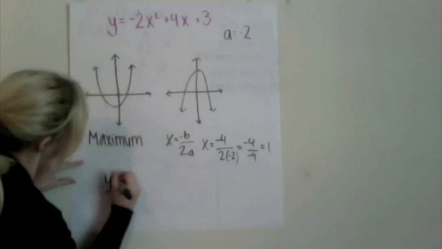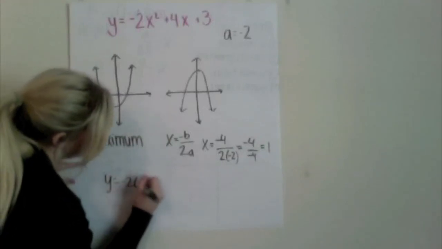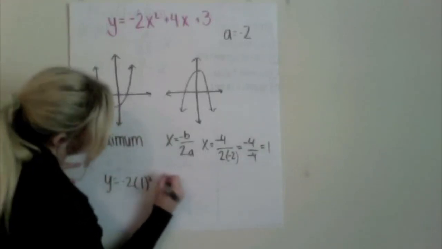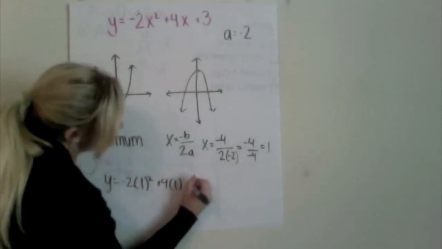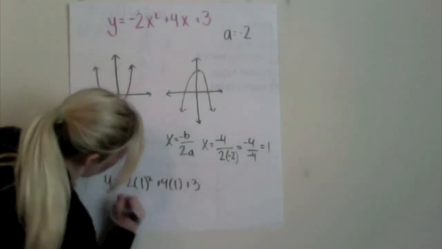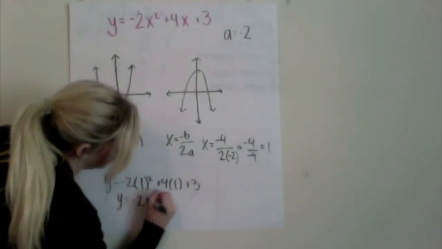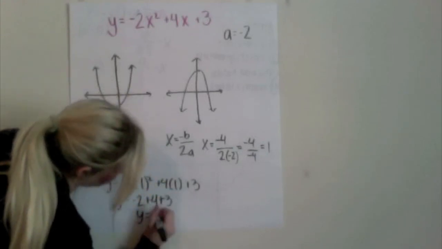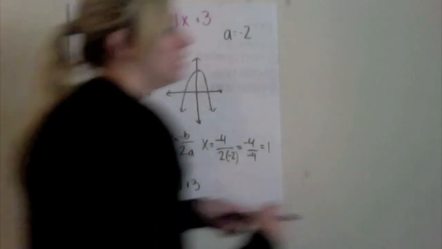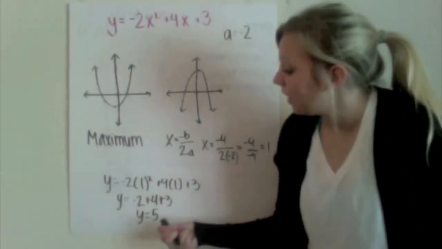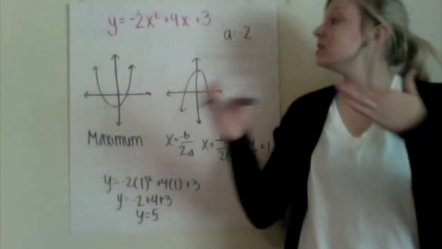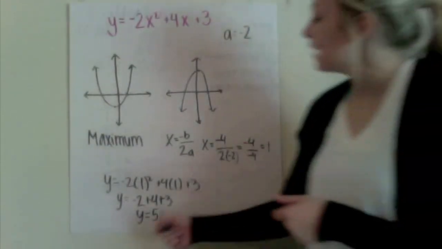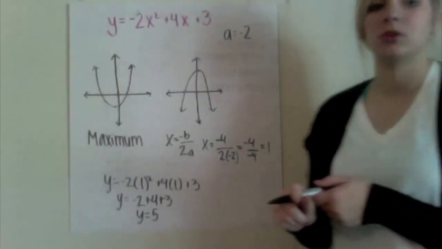So we plug it in, and we have y equals -2 times 1 squared plus 4 times 1 plus 3, which means y is equal to -2 plus 4 plus 3, so y is equal to 5. Once we've done that, we have found the y-coordinate of our vertex, so that means we have found the maximum point for this equation.